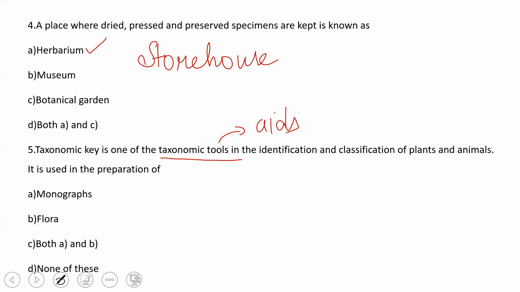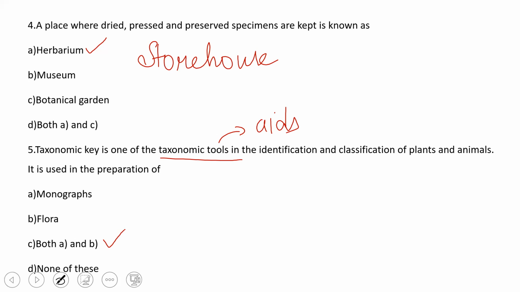So which is the option, both A and B or none of these? Which among the following is used here as a taxonomic key is the question. We know that both flora and monograph are used for detailed study, isn't it? So henceforth we have to mark it as option C, right?